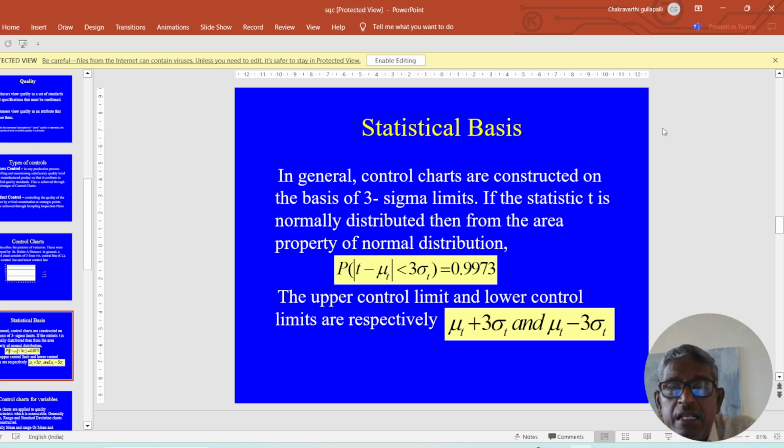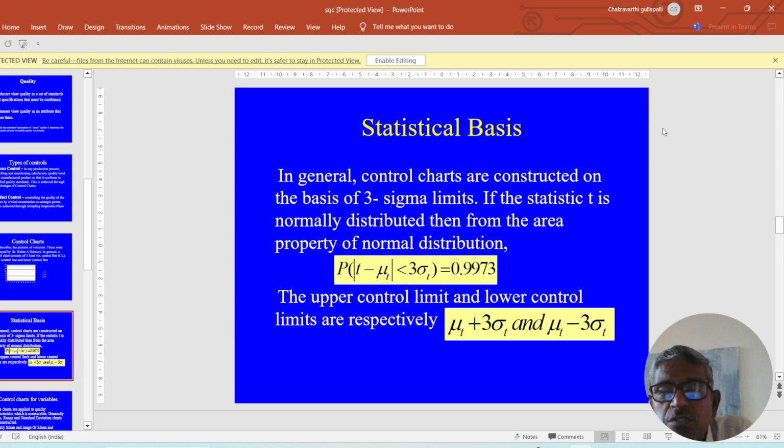That is the 3 sigma limits. Suppose in place of 3 we use 1.96, then it becomes 95% limits.